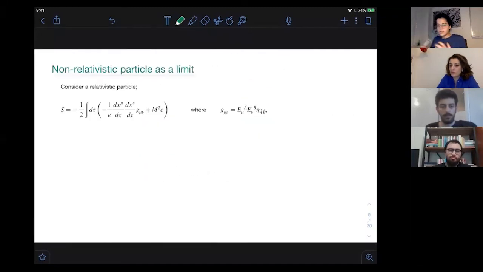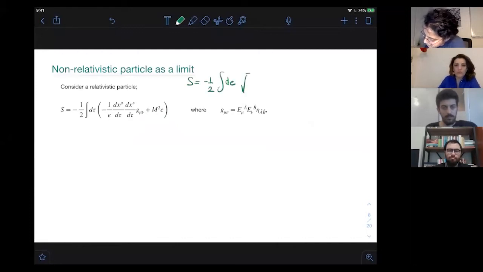Okay, so let's have a look at how I can take the limit. Consider a relativistic particle. For this relativistic particle, I just introduced a Lagrange multiplier E. If you solve for E, you would get the usual action with a square root.